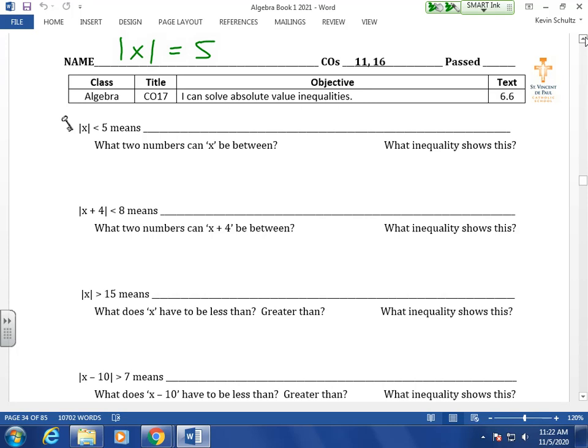Going back to CO11, back to an absolute value equation, what does that mean? Lucas? That's what it says, but what does it mean? Thumper? No. I mean, yes, x does equal 5, but it's not what it means. Brady?